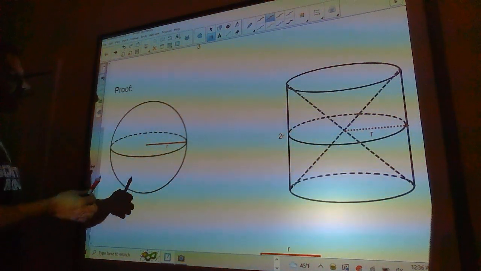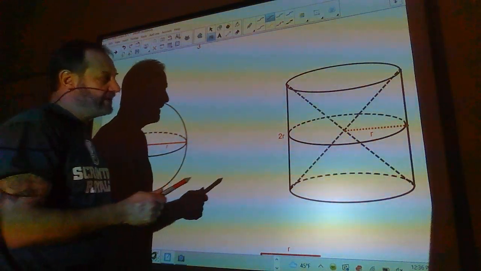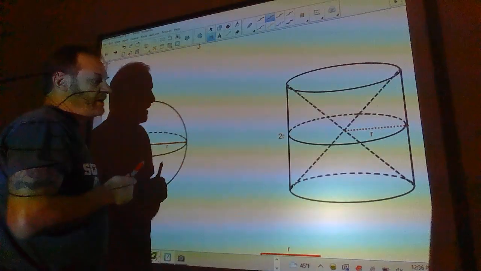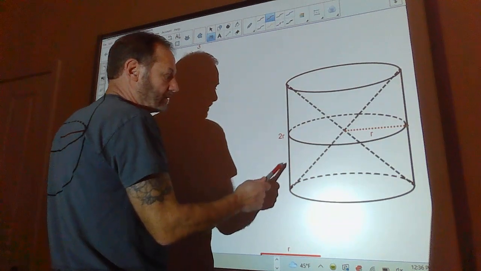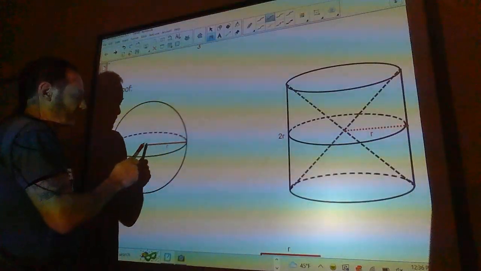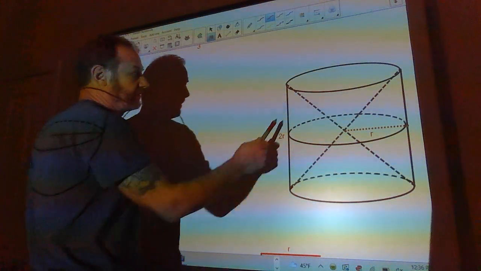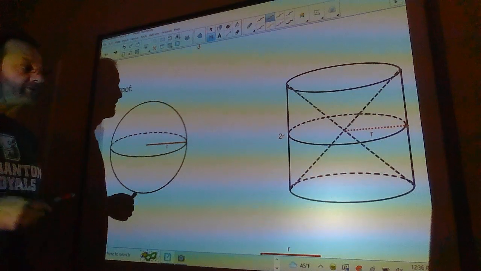So they took a sphere with a radius of r, and then they took a cylinder that had a radius of r and a height of 2r. Remember, the diameter of the sphere is then going to be 2r. So this sphere and this cylinder are exactly the same height. They're exactly the same distance around.